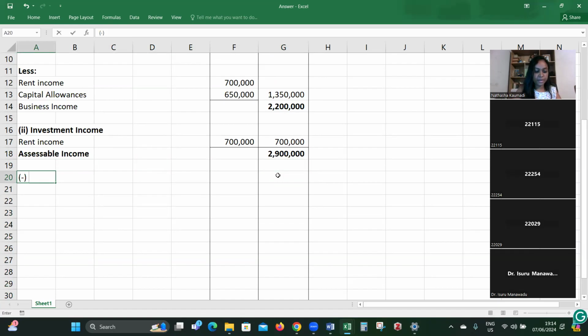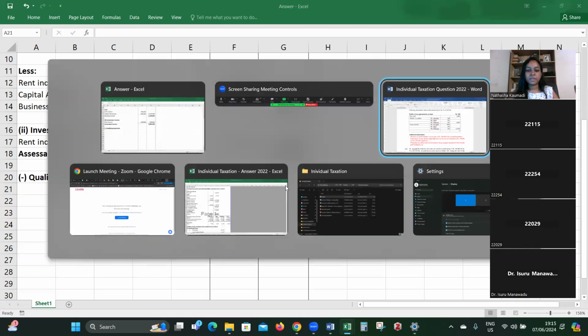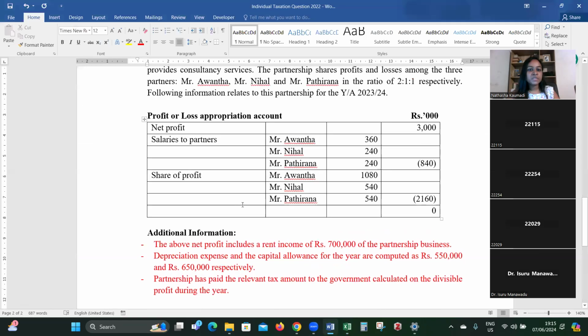So I'll just write it here. Qualifying payments. Do we have any qualifying payments related to the partnership? Can someone please answer? Do we have qualifying payments? See, we don't have any qualifying payments related to the partnership.